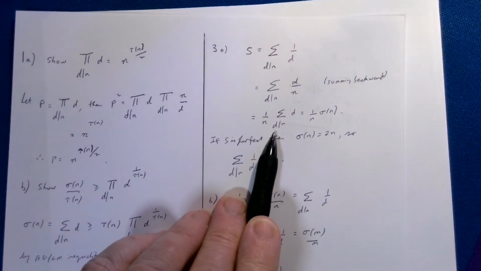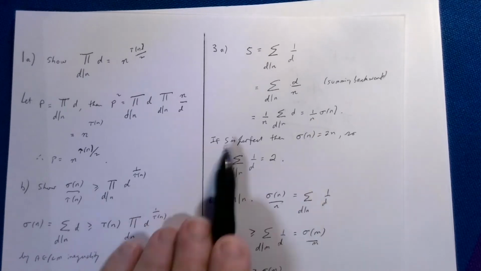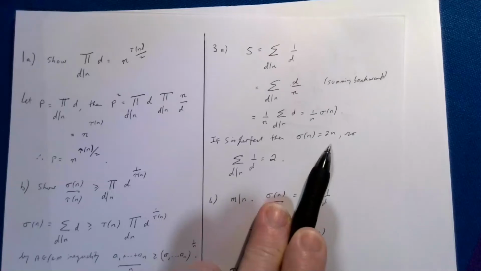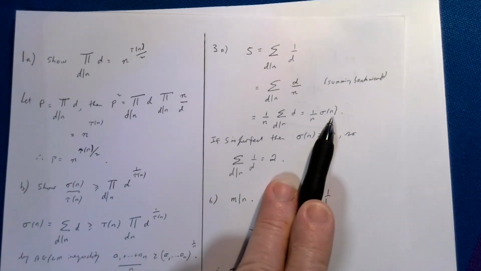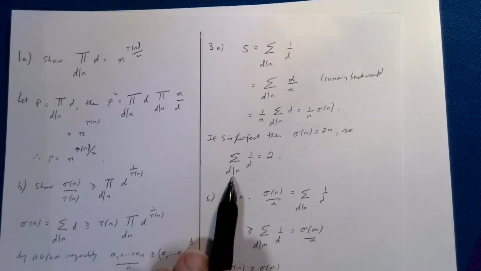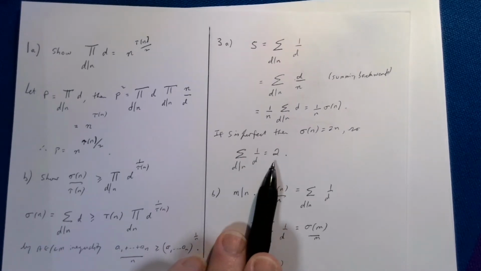And that's the result. Now the interesting thing is, if n is perfect, then sigma of n is 2n. And in that case, if I plug 2n into here, we get that the sum of the reciprocals of the divisors of a perfect number adds up to 2.